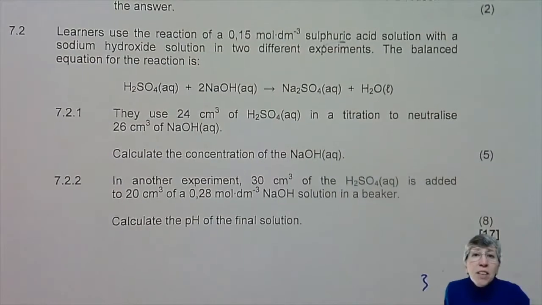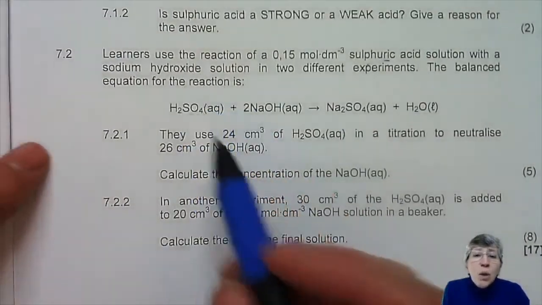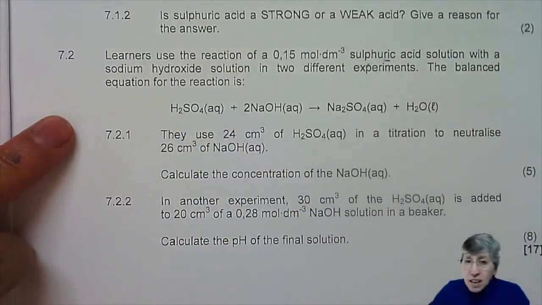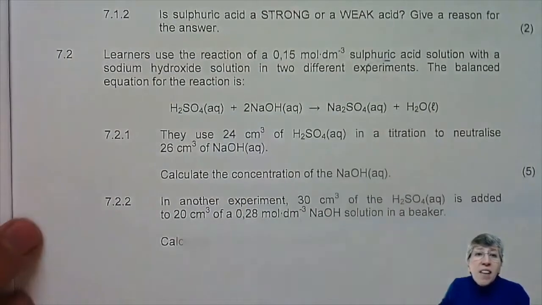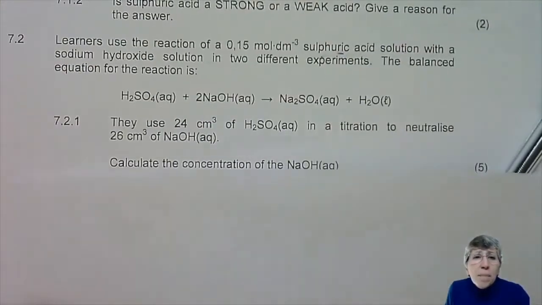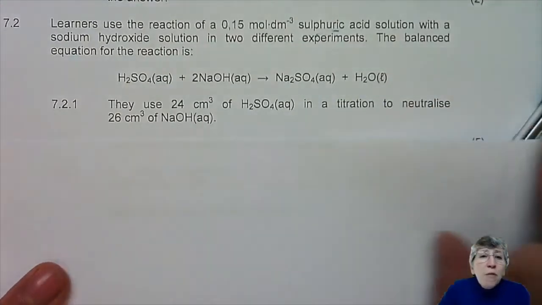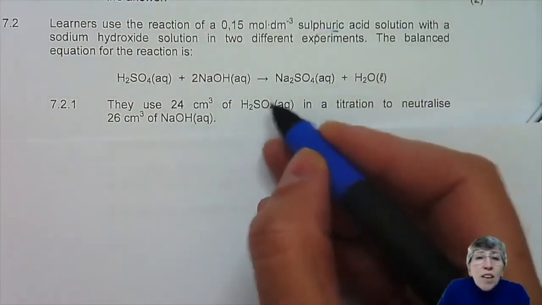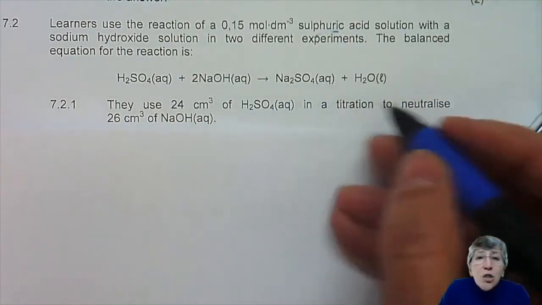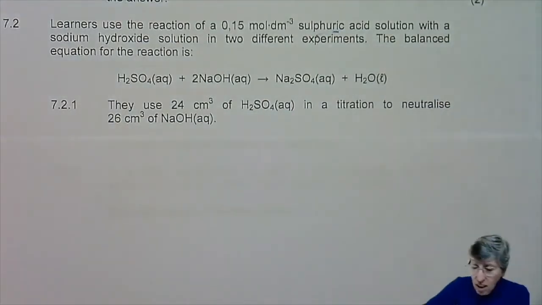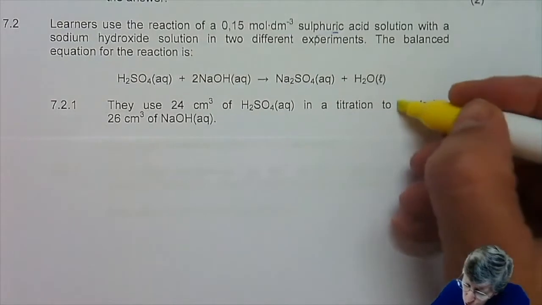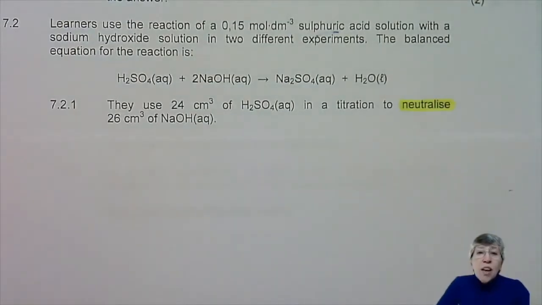The balanced equation for the reaction is given there. And they say they use 24 cubic centimeters of the acid in a titration to neutralize. The moment that they use that word neutralize, what does it tell you? They are in the right ratio.